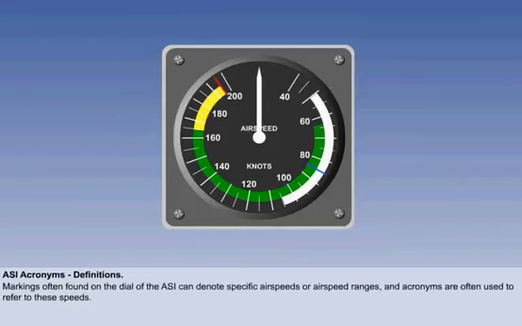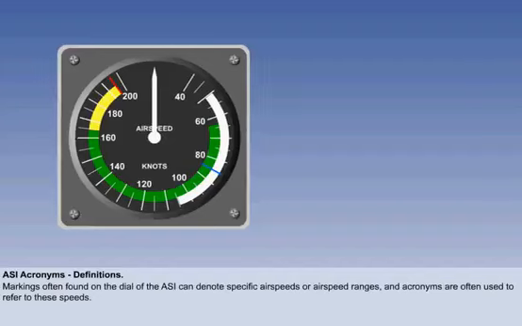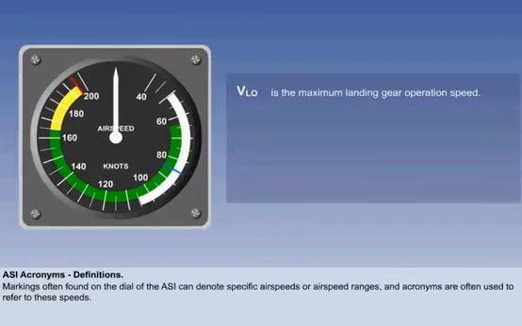We have seen now that markings often found on the dial of the ASI can denote specific airspeeds or airspeed ranges. And again, as we have seen, acronyms are often used to refer to these speeds. Other acronyms, which may be commonly used in connection with airspeed terminology, are listed on the screen, starting with VLO. This is the maximum landing gear operation speed.